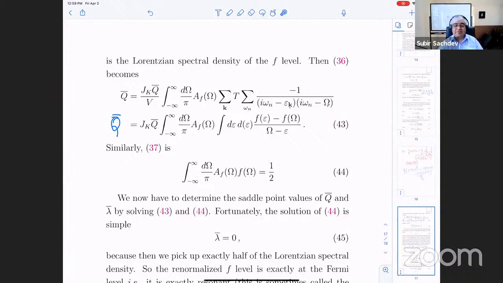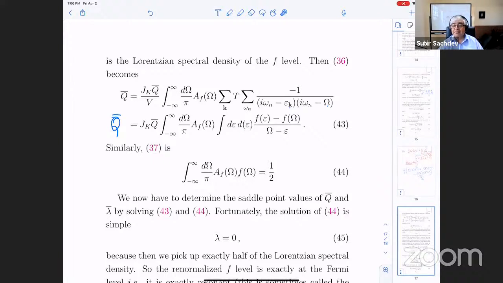So this theory works for any dimension other than d equals 1. Basically, this K can have any dimensions at all. The only thing I'm using is that d of E, the density of states, is a finite value at the Fermi level, at zero energy, at the Fermi energy. That's the only feature I'm using. Other than that, it works in any dimension. This K can have any number of dimensions you want.